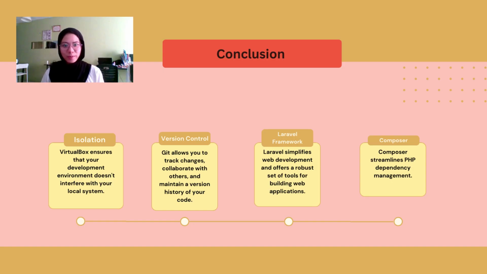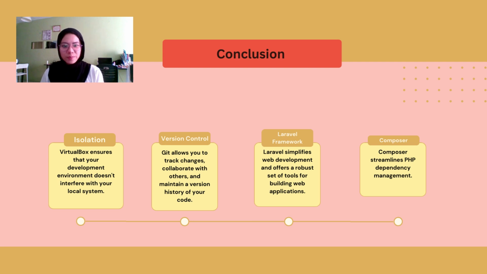Okay, here come the conclusions. To conclude, we have isolation, version control, Laravel framework, and also Composer. So isolation, VirtualBox ensures that your development environment doesn't interfere with your local system. And Git allows you to track changes, collaborate with others, and also maintain version history of your code.